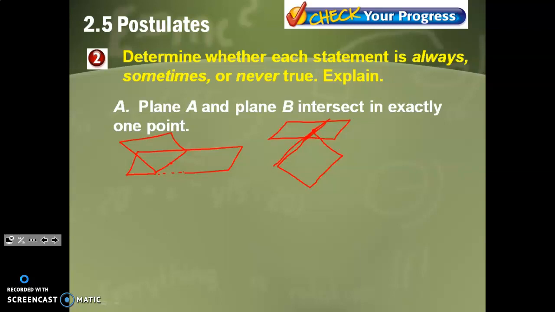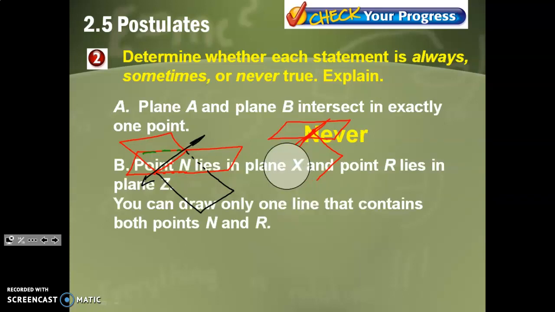No, I drew that wrong. Apologize. This should be our dash line there. Anytime two planes intersect, it'll always be a line. I apologize, I kind of rushed on that drawing, but there'll always be a line. So never a point, so that's never.